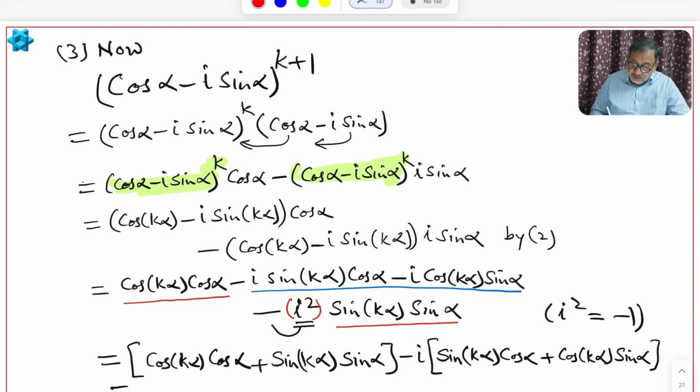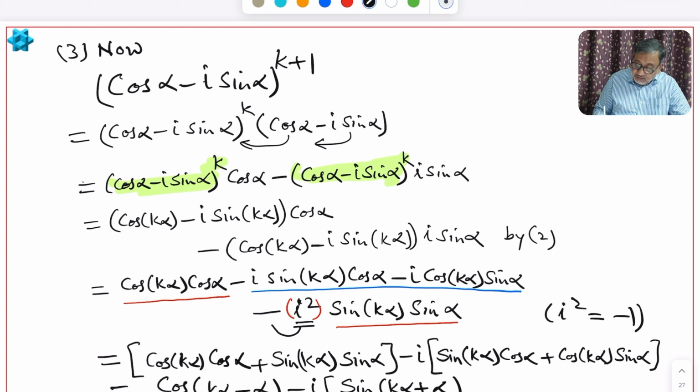So cos of k alpha minus alpha, cos A cos B plus sin A sin B it will be, and minus I into, this is sin A cos B plus cos A sin B. This will be sin of A plus B. So sin of k alpha plus alpha, right?